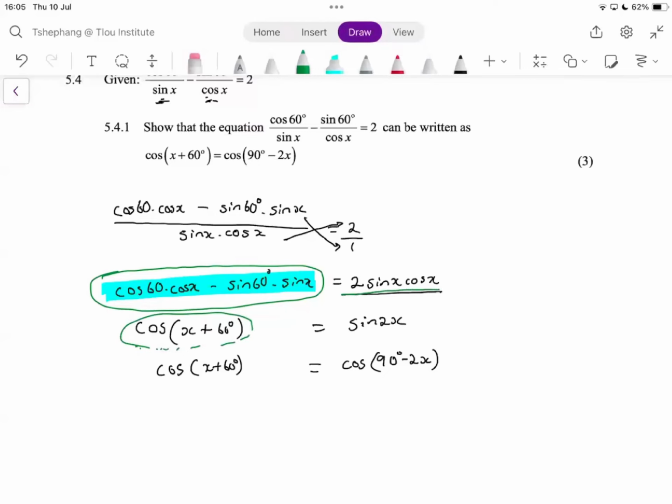Now, looking at the double angle for sine, it goes back to sine of 2x, or sine of 2 theta. Now, what we want is cos of 90 minus, remember, co-functions. And just like that, we got our 3 marks.